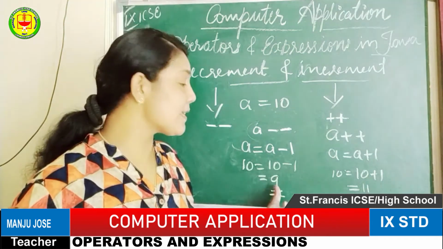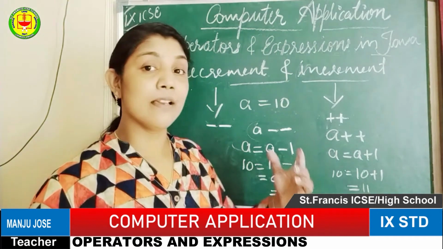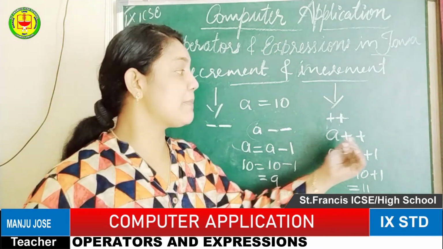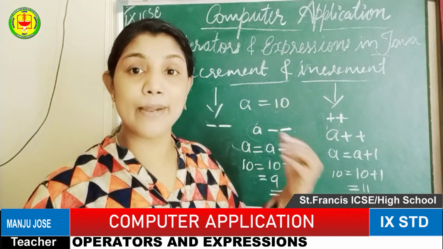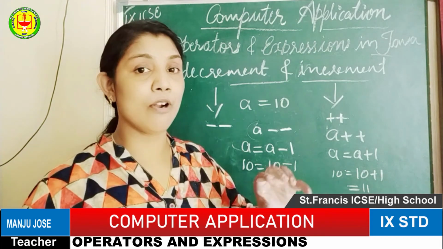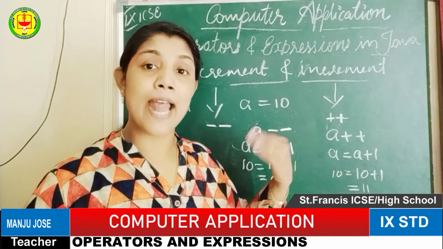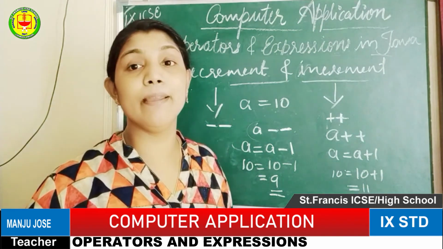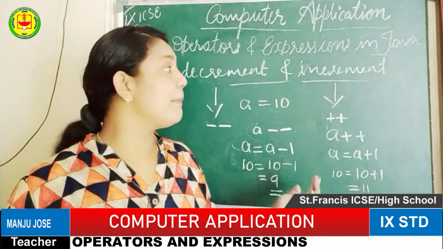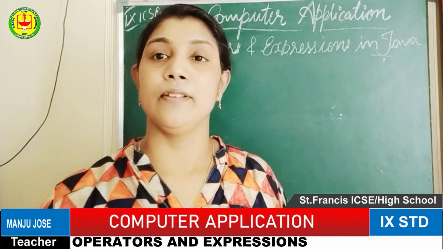The next is a plus plus. a plus plus means 1 will be added to the present value of the variable, a equal to a plus 1. The value of a will become 11. Already the present value of a is 10, then we add 1 to a, so we get the answer 11. This is called the increment and decrement operators that we use in the Java programming language.